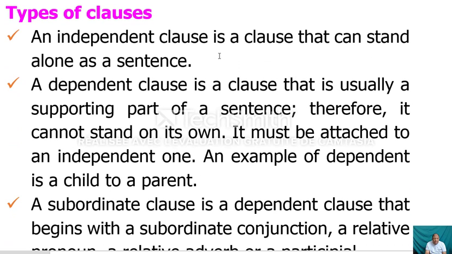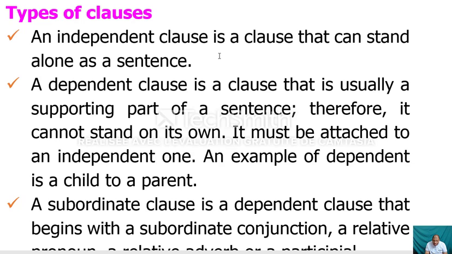Now, what about types of clauses? Here I would like to tell you that there are two types. The first one is called an independent clause. And when we speak about an independent clause, we mean that it is a clause that can stand alone.